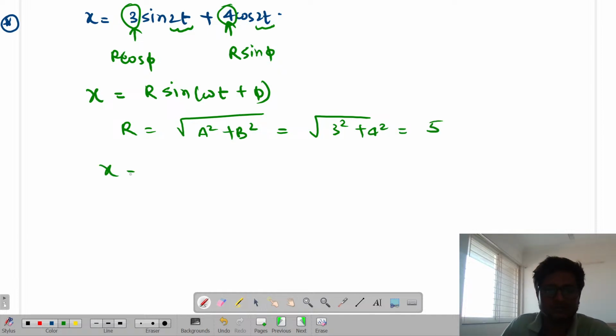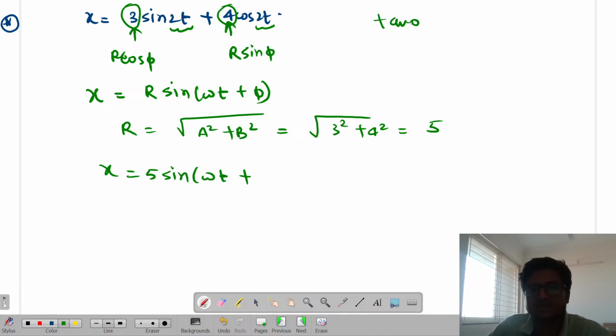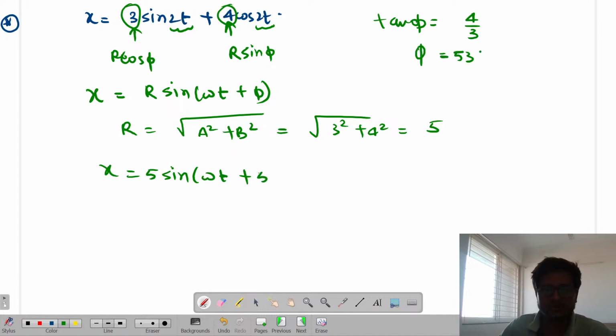So x is equal to 5 sin(omega t plus phi). Phi is what? tan phi is equal to b by a. This is b, that is a, 4 by 3. That is for which angle? 53 degrees, I think. So phi becomes 53, so sin(omega t plus 53).